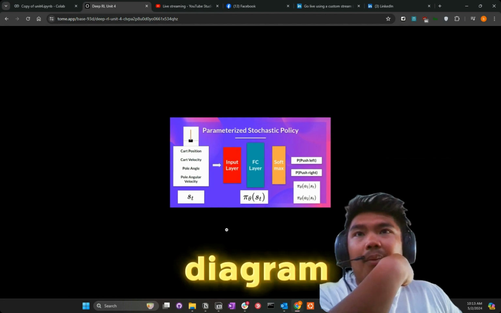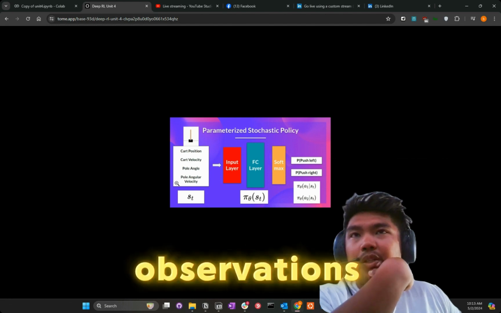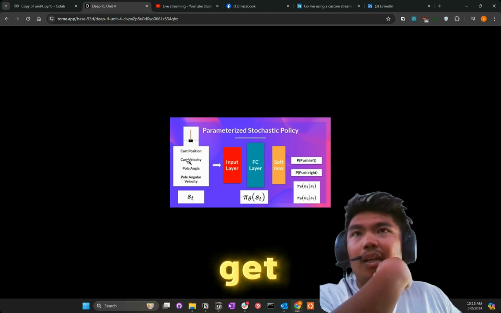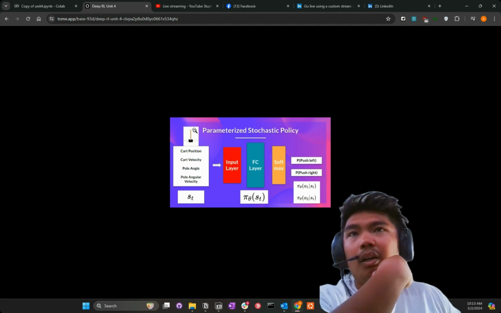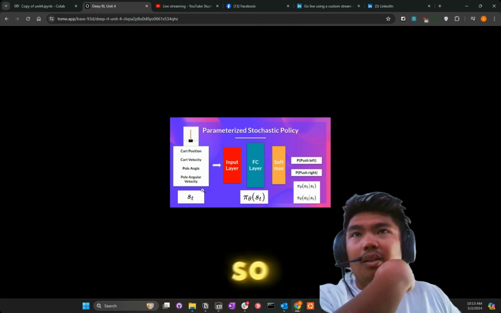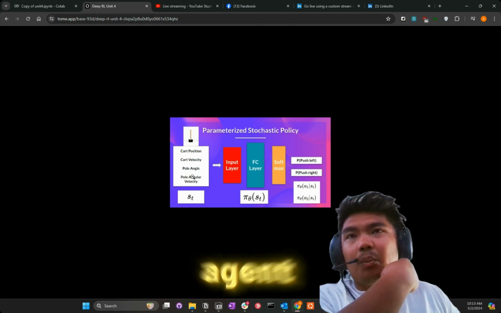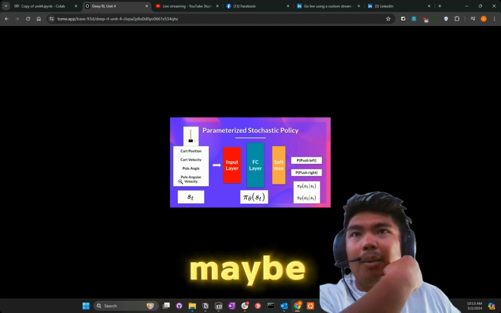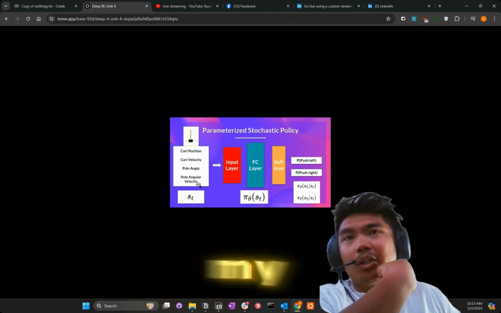So in this diagram, we can see the state. Here are some of the observations we can get from that state. We can get our cart position. We know the cart velocity, the pole angle, and the pole angular velocity. So intuitively, this agent will be able to figure out, okay, maybe I'm now detecting some pole angular velocity in my current state.